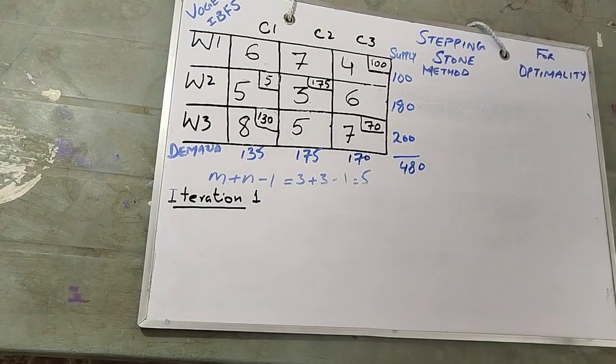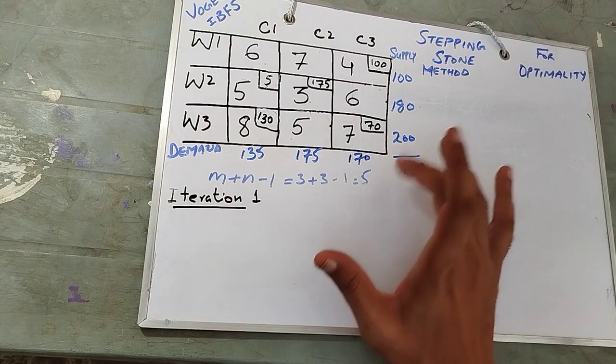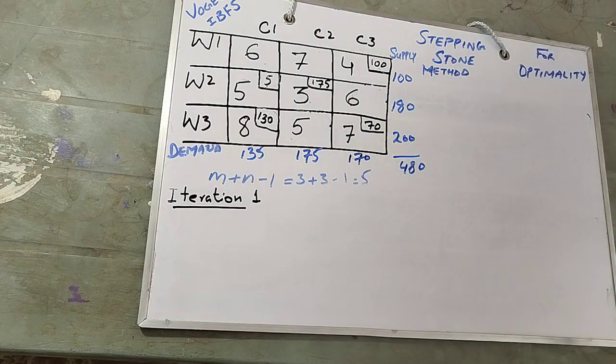The 480 units was the demand. So demand and the supply are the same. Now we are good to go.